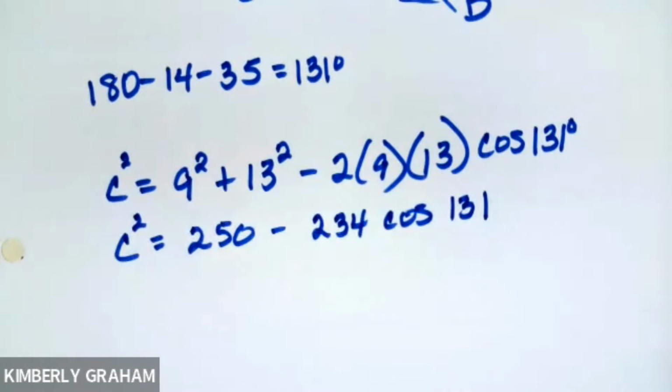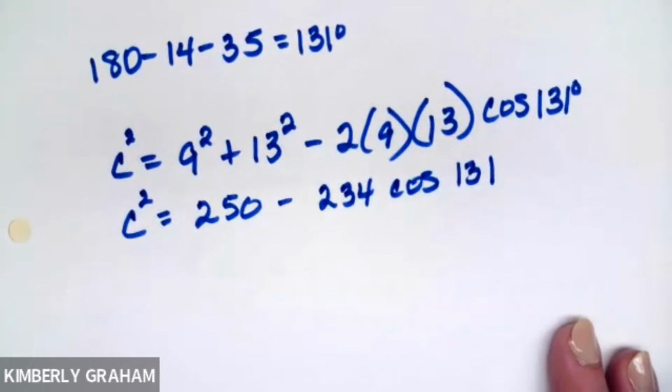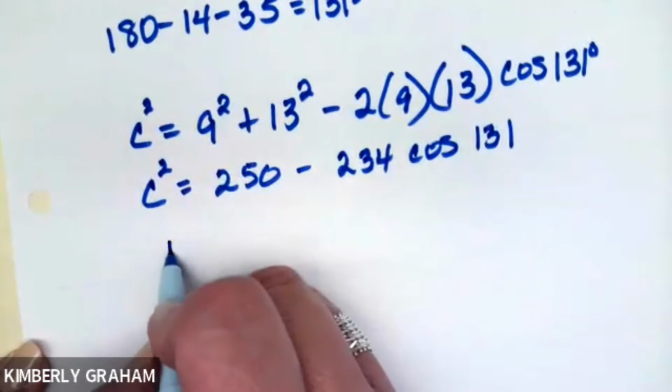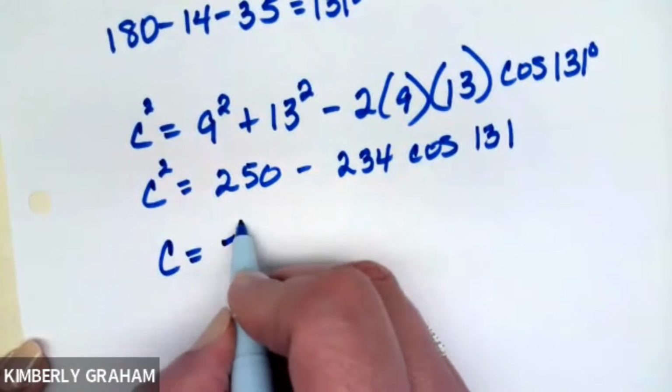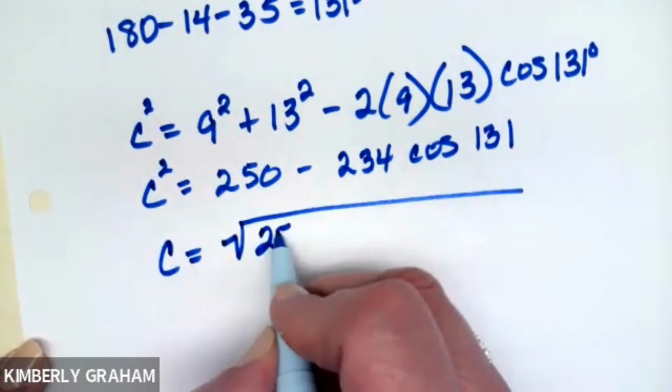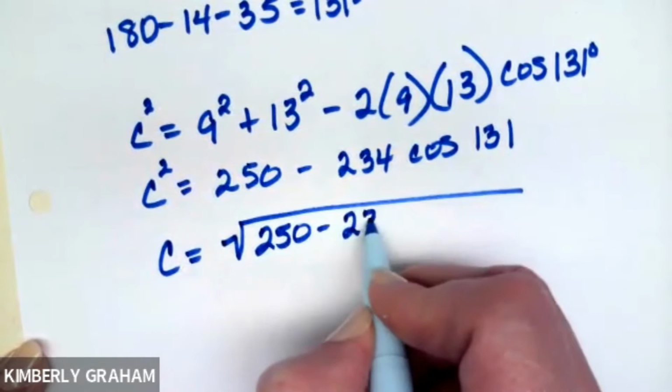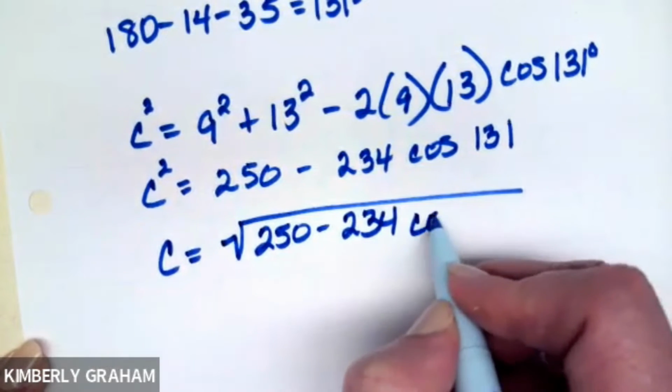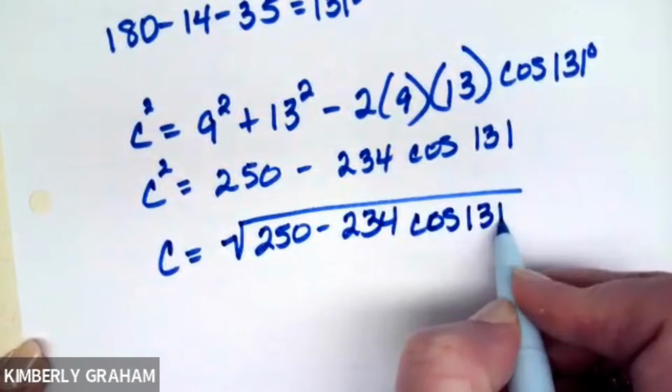So you're going to take the square root. Now, normally when you take the square root, you want the positive and the negative value, but because I know that C is the length of a side of a triangle, C has to be positive. So C is going to be the positive square root here of 250 minus 234 cosine of 131.